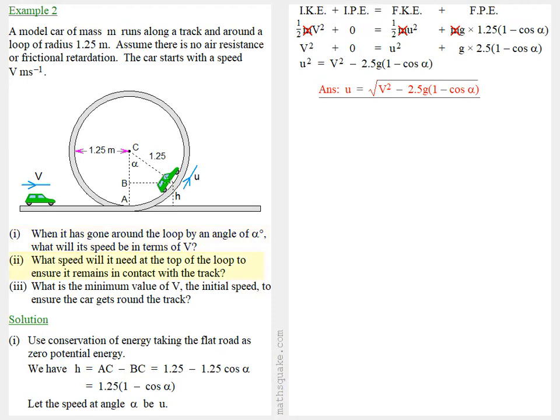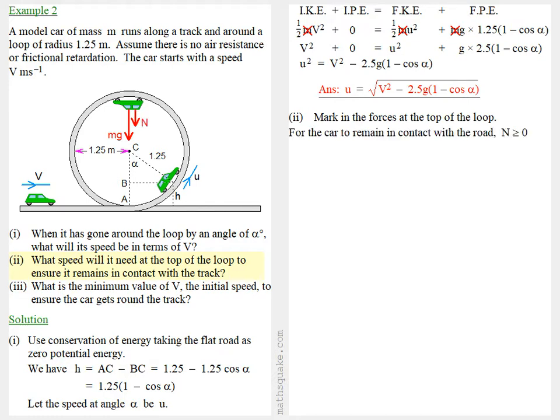Now in part 2 we're asked, what speed will be needed at the top of the loop to ensure the car remains in contact with the track? Well, to solve this we need to mark the forces at the top of the loop. Now we've got two forces downwards. There's the weight, mg, and there's the normal reaction, n.